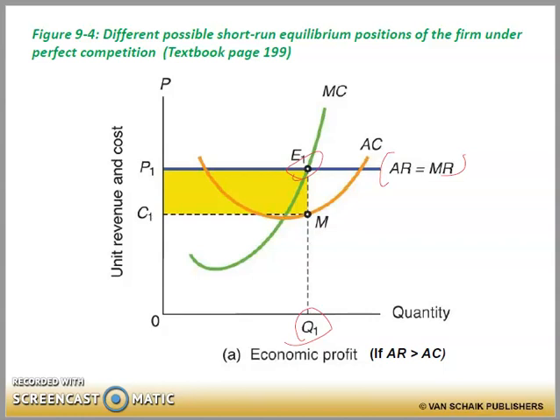So at Q1, the firm's average revenue, which is equal to P1, is greater than the average cost, which is indicated by C1. The firm therefore makes an economic profit per unit of production of P1 minus C1.